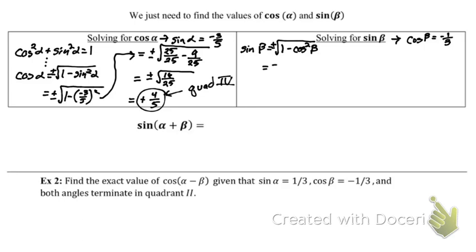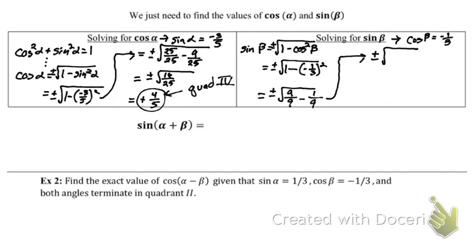Well, we know cosine beta is negative 1 over 3, so 1 minus negative 1 over 3 squared, which is going to equal plus or minus. I know 3 squared is going to be 9, so I change this to 9 over 9, just to save me some time. And then we have negative 1 squared, which is 1 over 9. That's going to equal plus or minus the square root of 9 minus 1, which is 8.